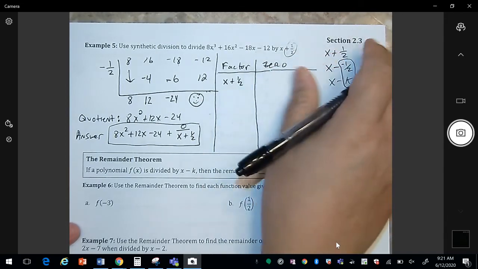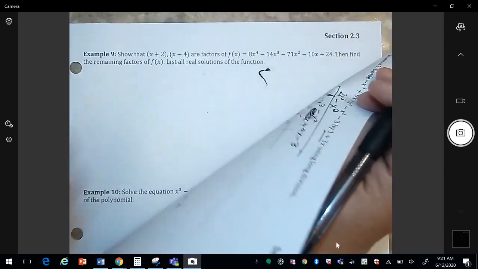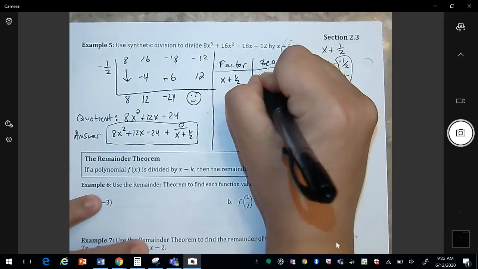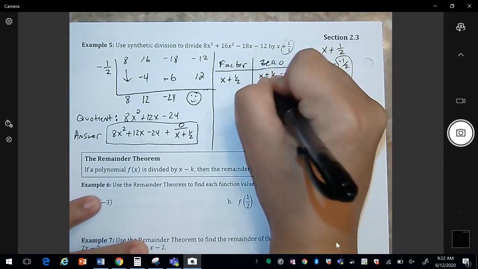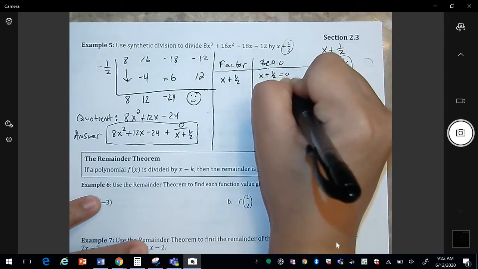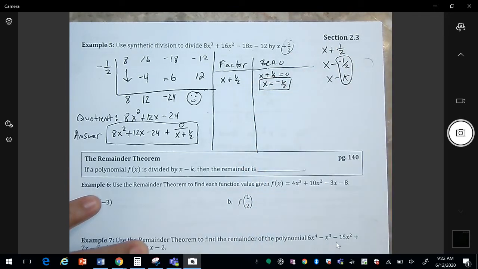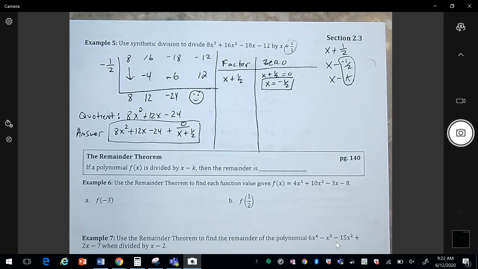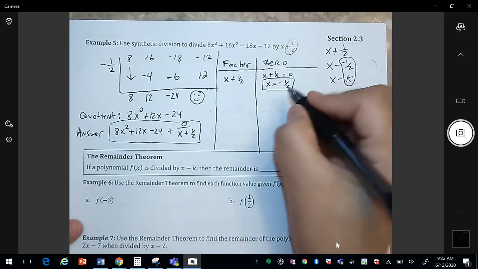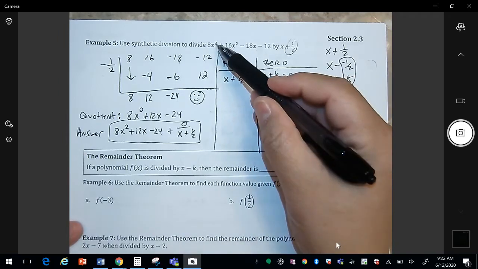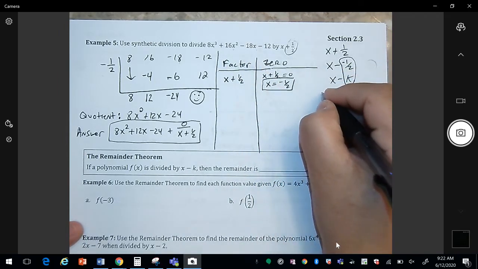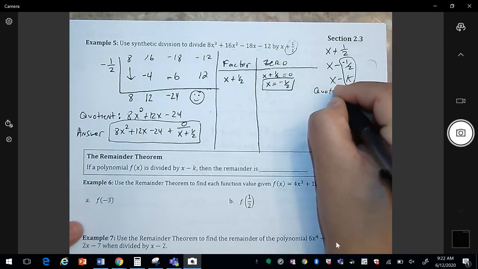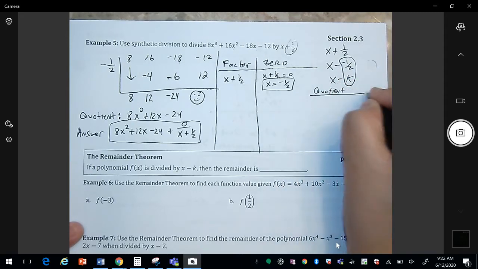So to find the 0, we set it equal to 0 and solve for x. And then we can also use our quotient to find the other zeros. Okay. So once you have 1 zero, remember we should have 3. Then we can use our quotient to find the remainder of the zeros.